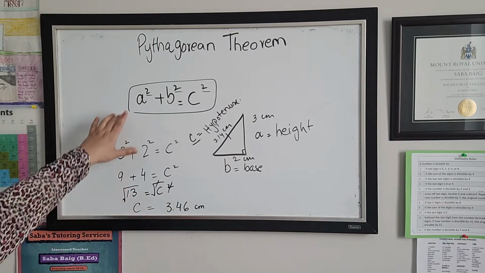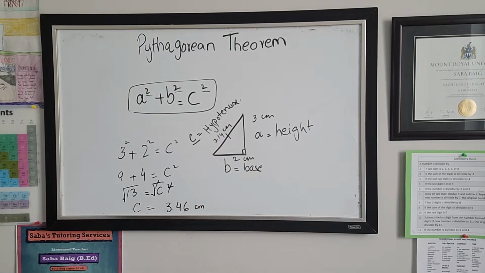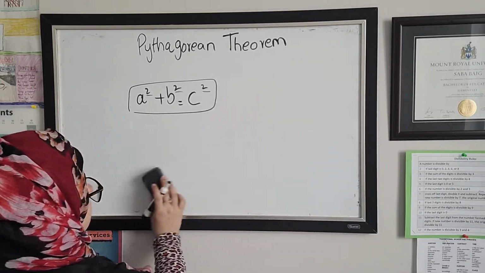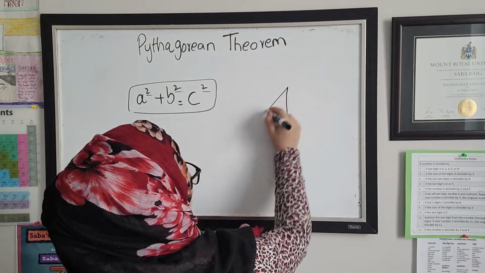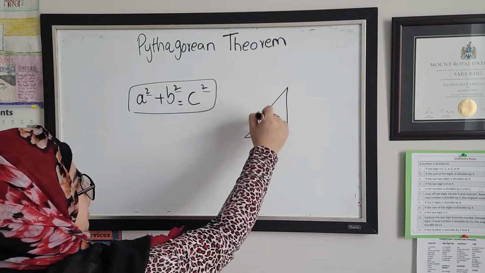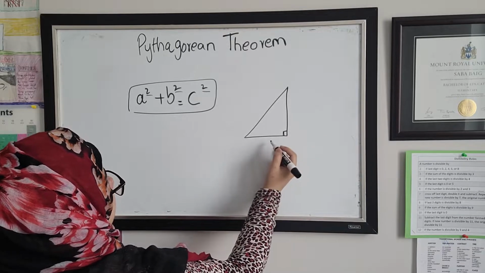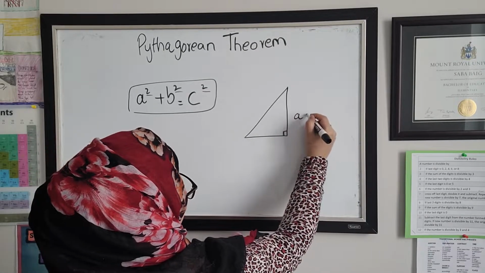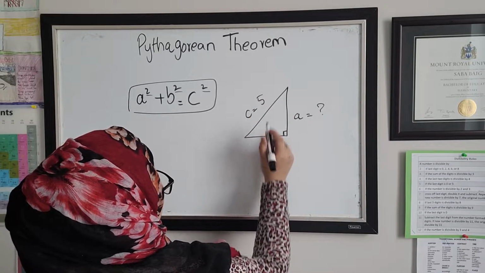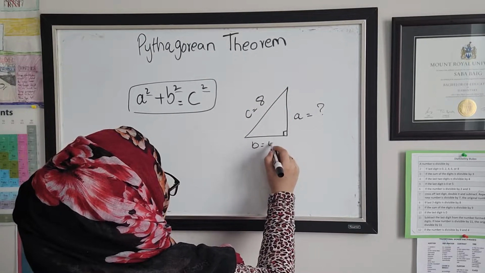Similarly, I'm going to use the same formula, the Pythagorean theorem, to look for a different side. Okay, let's do a different question. In this question, please do remember it's only used for a right triangle, with the hypotenuse and a right angle over here. So this time, our A is missing. We don't know what A is, and our C equals 8, and B equals 4, for example.